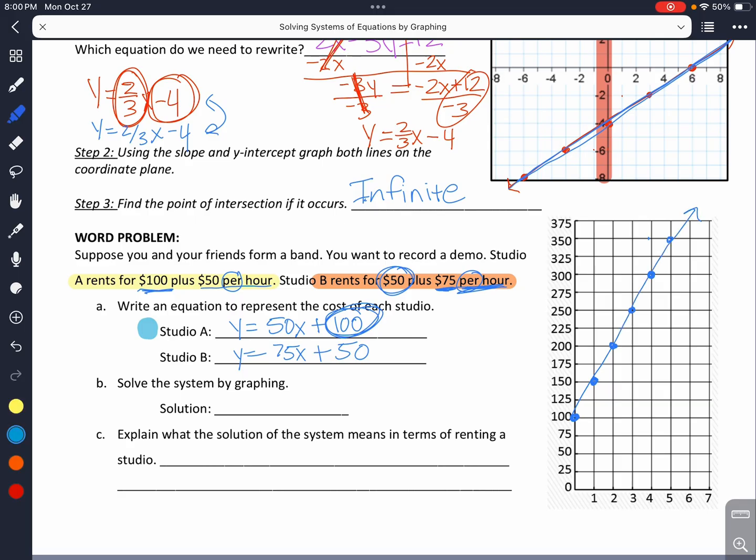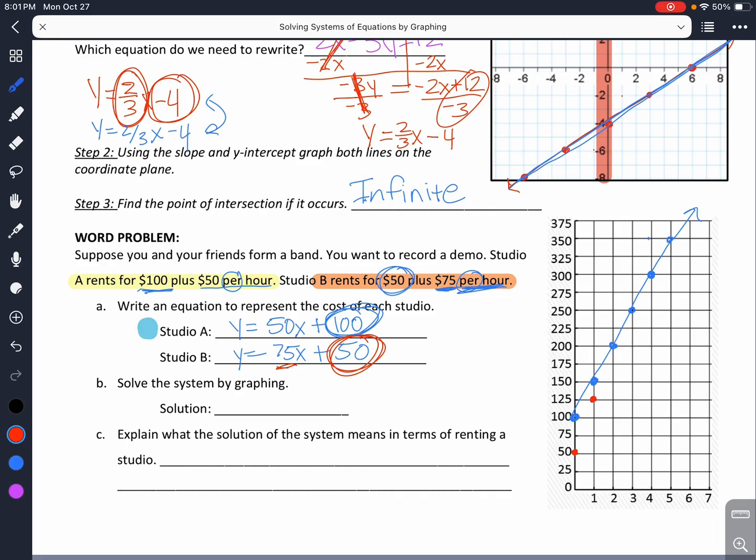And now I'm going to do Studio B. So Studio B, my y-intercept is 50. So I'm going to plot a point right there at 50. And this time I'm going to go up 75 because my slope here is 75. So if I say 50 plus 75, that's going to be 125. And I'm going to go over 1.